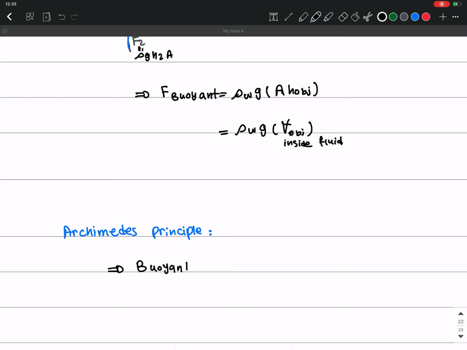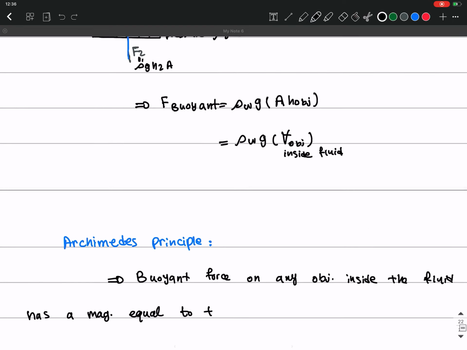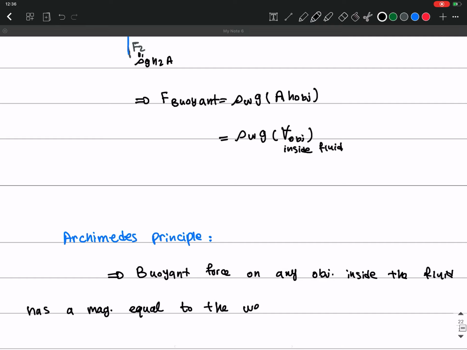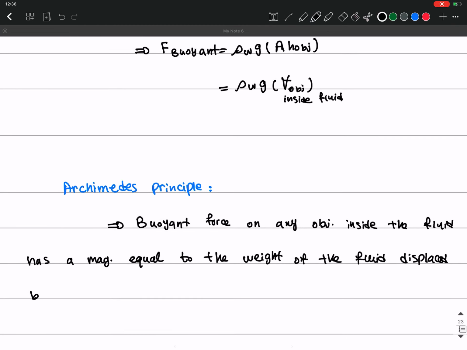So the principle states that the buoyant force on any object inside the fluid has a magnitude equal to the weight of the fluid displaced by the body and is directed vertically upward.